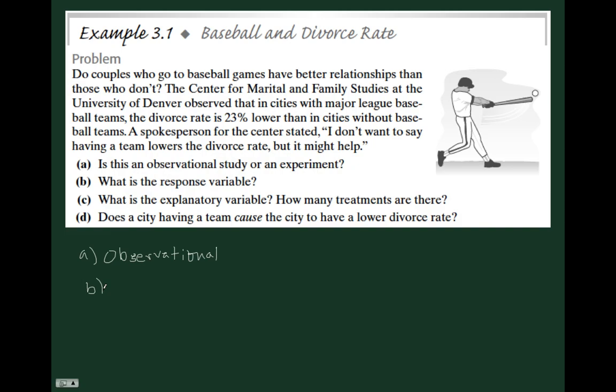Now, we have to be really careful here because I almost used the word cause myself. This question of does one variable cause the other variable to change is a very important question, and it's actually a very difficult question to answer with statistics. But we're going to start off just talking about this basic kind of terminology.